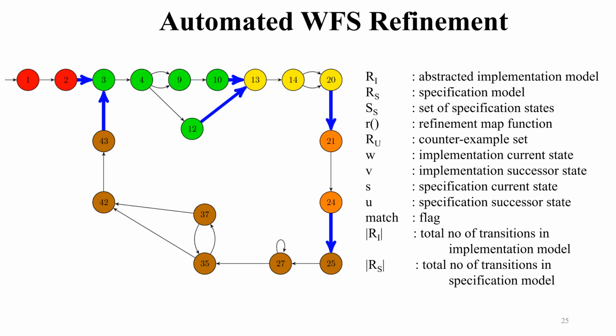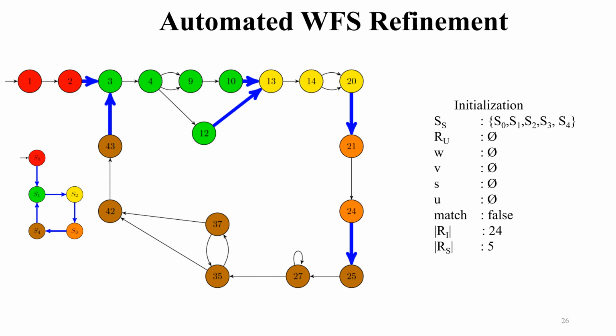RU is the counterexample set. W is the current implementation state. V is the successor implementation state. S is the current specification state. U is the successor specification state. Match is a flag which can take a value of 0 or 1. Modulus of RI is the total number of transitions in the implementation model. Modulus of RS is the total number of transitions in the specification model.